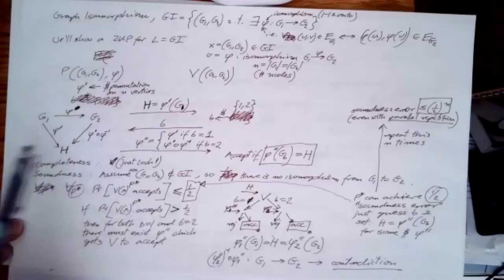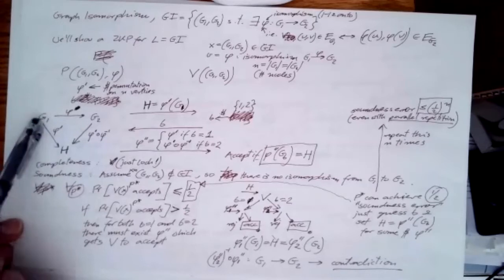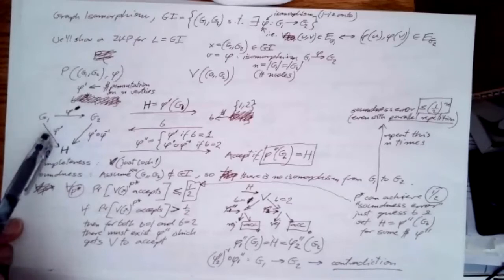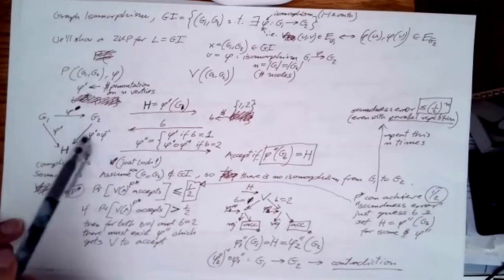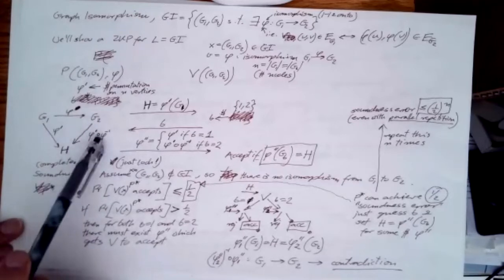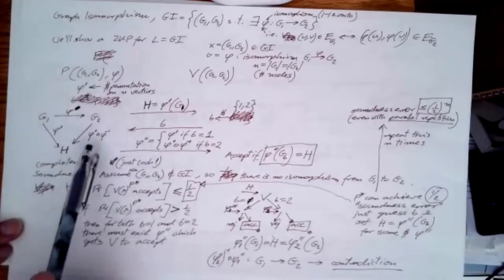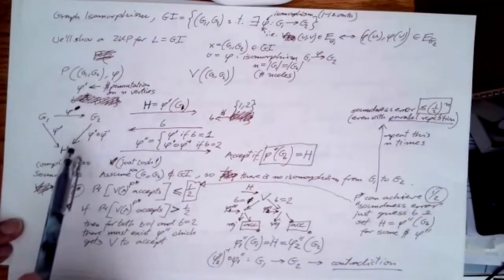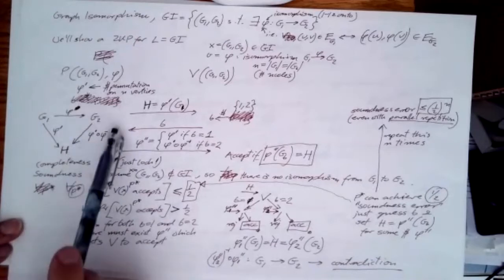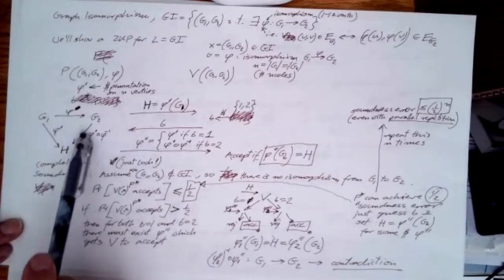So namely, the fact that if H is a one-way function starting from G1 applied to phi prime, this is the argument, and G2 is the same one-way function applied to phi, then the same one-way function, so to speak, can be thought of as mapping from G2 to H using this modified witness.